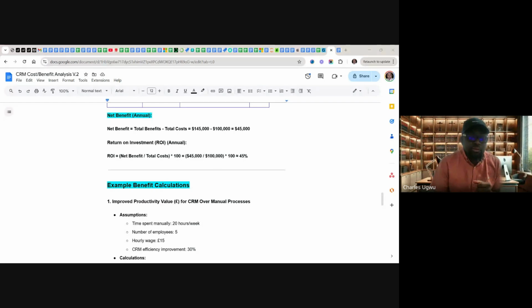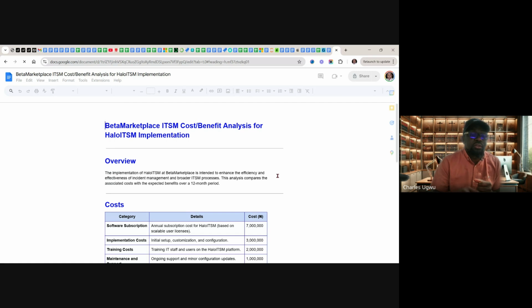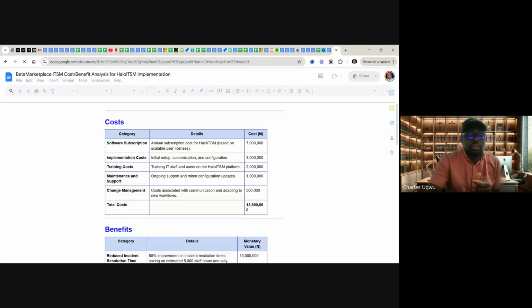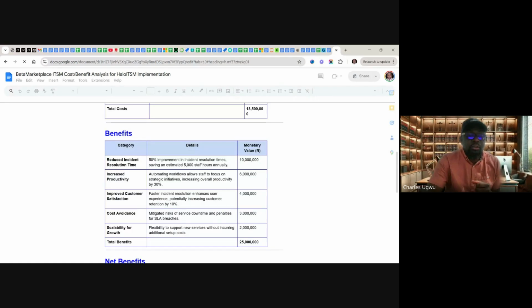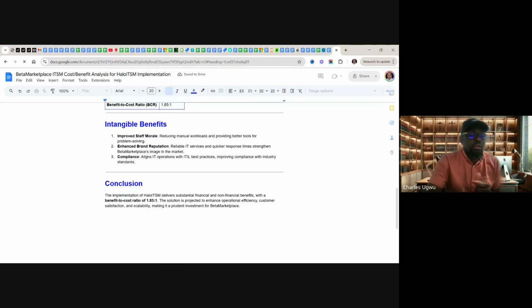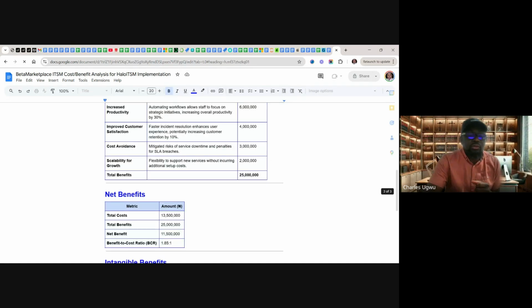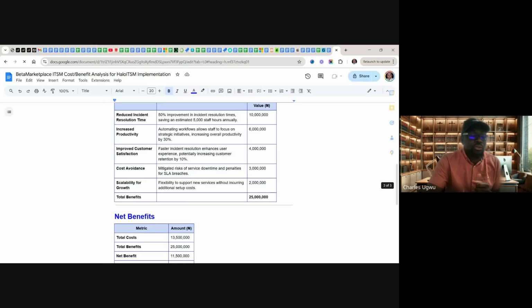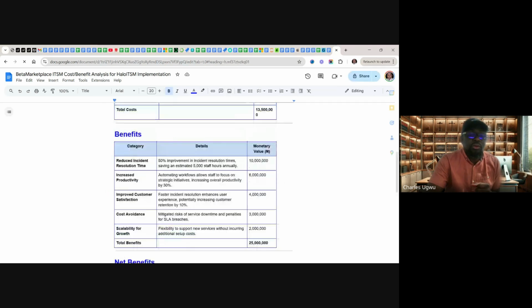Like if you see this project, this is another cost benefit analysis. This is another template you can equally use.